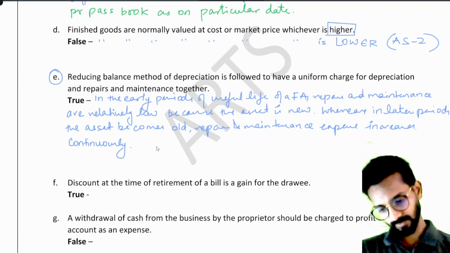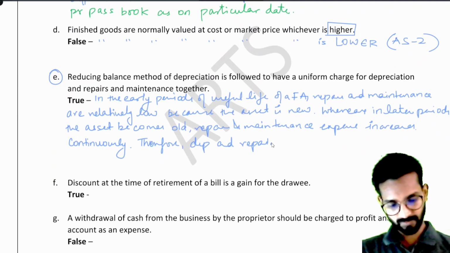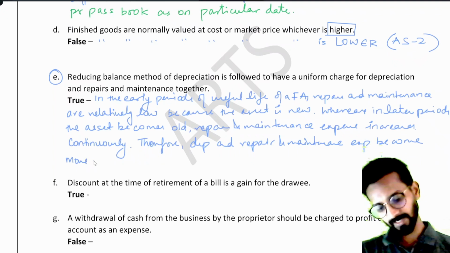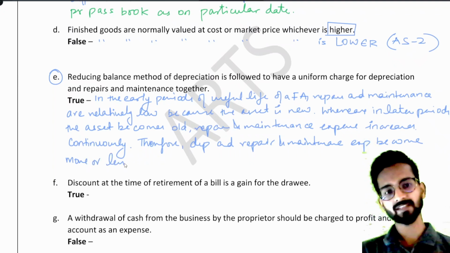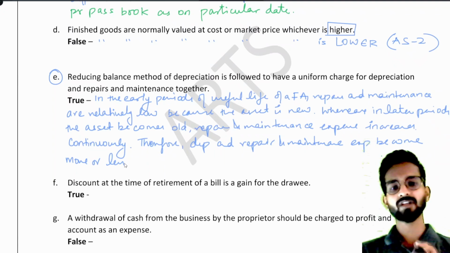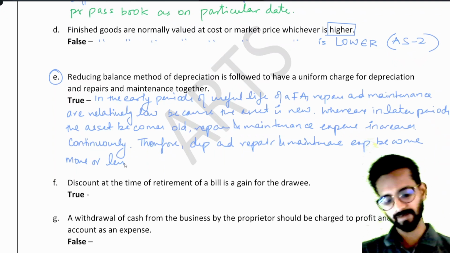Understood? So you can write, therefore, depreciation and repair and maintenance expense becomes more or less uniform throughout the useful life of the asset. We are writing more or less because they are not exactly the same. In our example, we took exactly the same figure of 11,000, but they are more or less the same, 11,000, 11,200, or might be 10,700, like that.